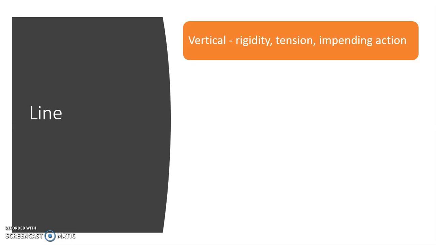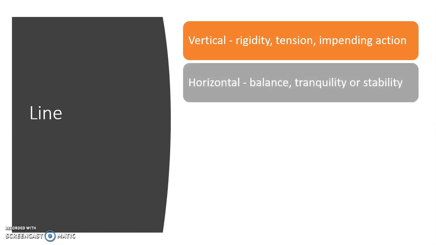Now, when we say that they suggest these things, these are what they're most often used for. But remember that production designers are artists, and artists like to play with the rules. So you can't look at a scene and say, oh, they're vertical lines, it must be rigidity and tension. You look at a scene and say, gosh, there's a lot of vertical lines. Is it showing rigidity and tension, or are they showing something else?